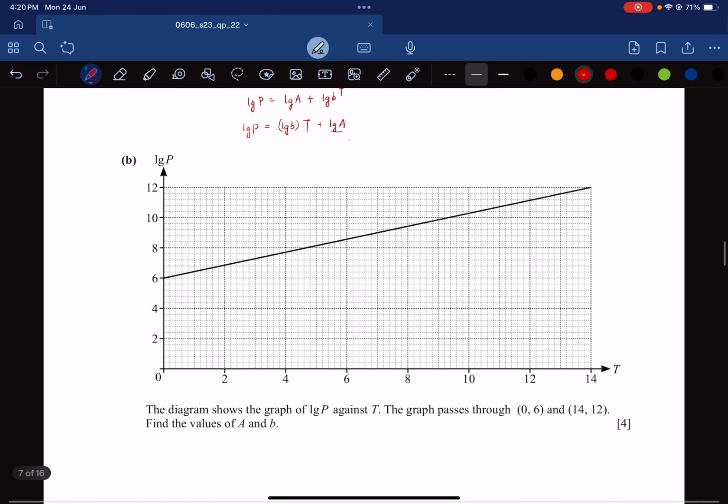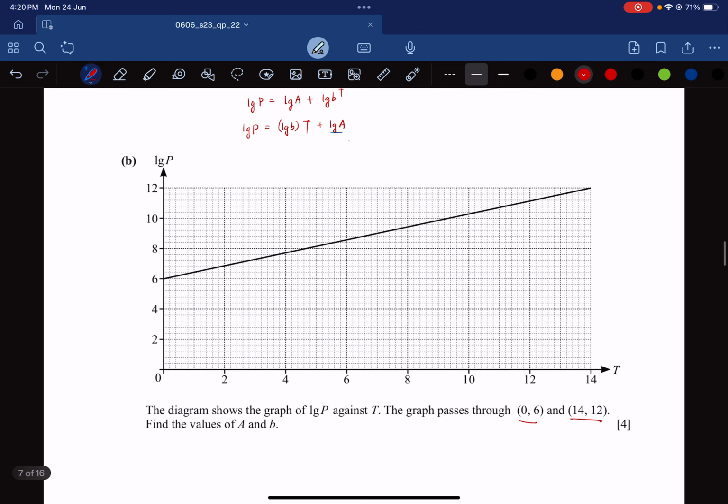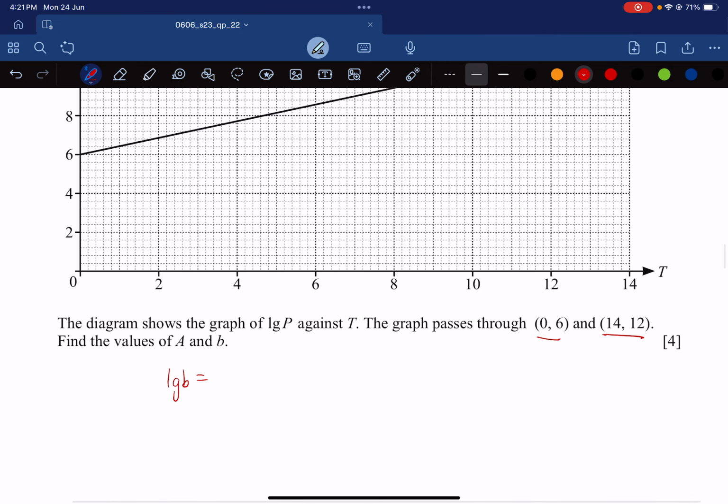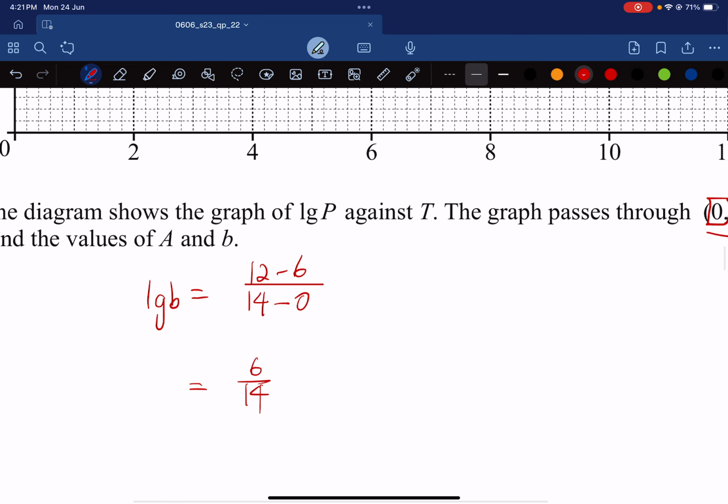The diagram shows the graph passes through (0, 6). Find the values of a and b. Log b is the m, the gradient. Gradient is y2 minus y1 divided by x2 minus x1, so it is 6 over 14.